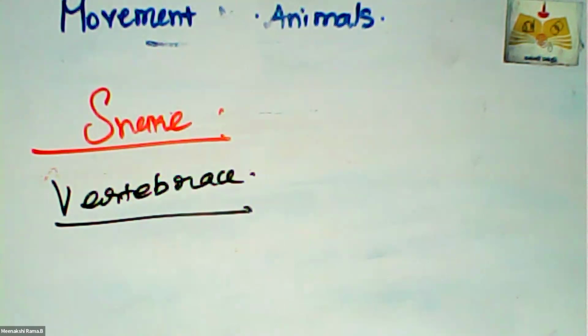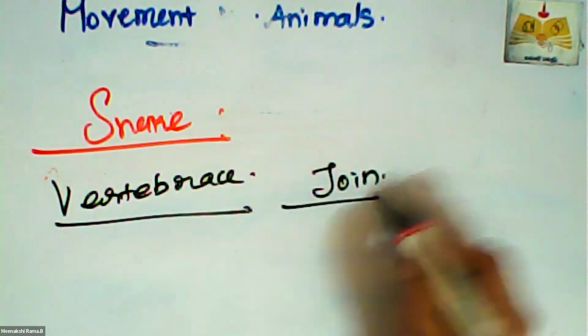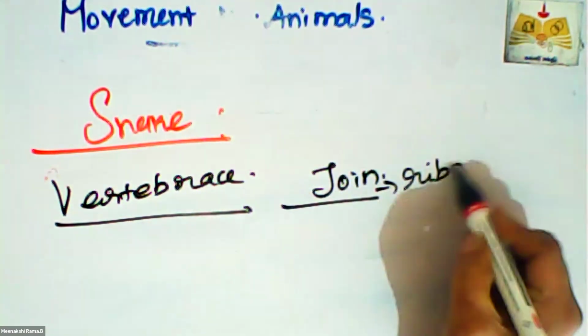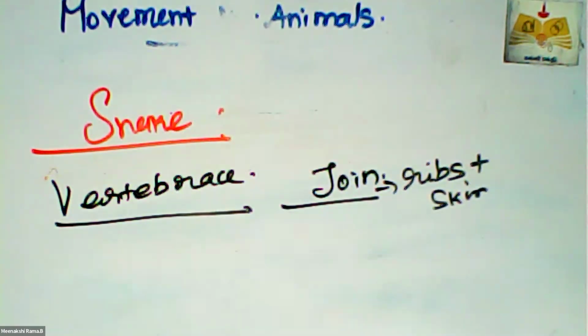The vertebrae are joined to the ribs and the skin, and they are interconnected with the slender body muscles also.